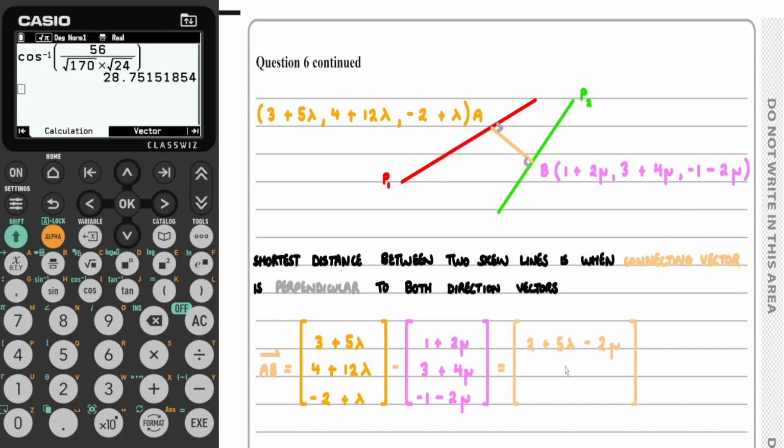And working this out, we've got 2 plus 5 lambda subtract 2 mu, 1 plus 12 lambda subtract 4 mu, negative 1 plus lambda plus 2 mu. So now we need to work out this direction vector dot with the direction of P1, and then this direction vector dot with P2.